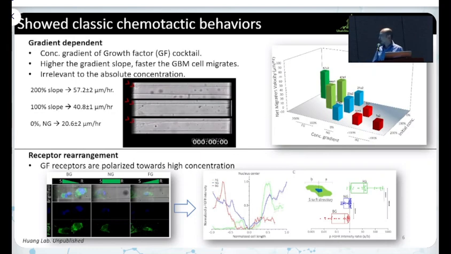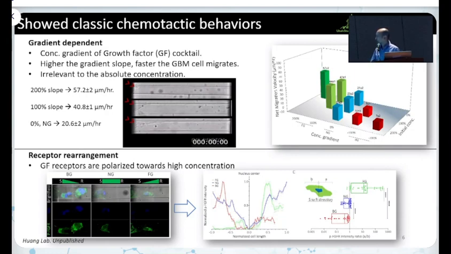We take the data and tease out the intensity profile. As you can see, for the gradient, the green color shows the receptors are highly concentrated in the forward direction, and with the backward gradient they are highly concentrated at the backward location, the rear location. In the non-gradient situation, it's pretty much a balanced, V-shaped situation.